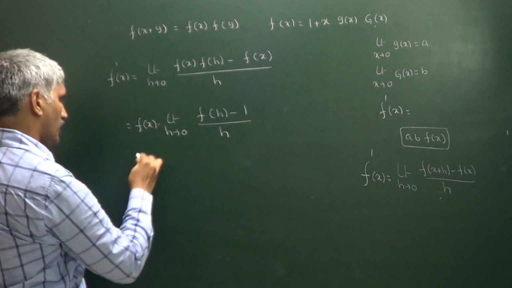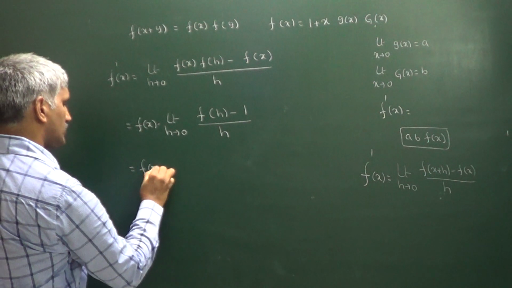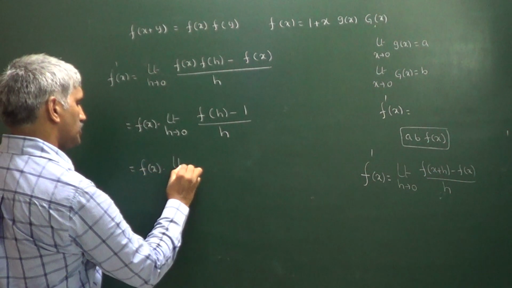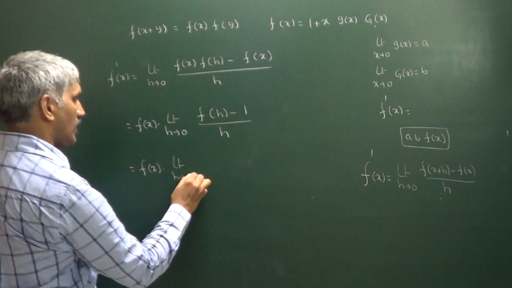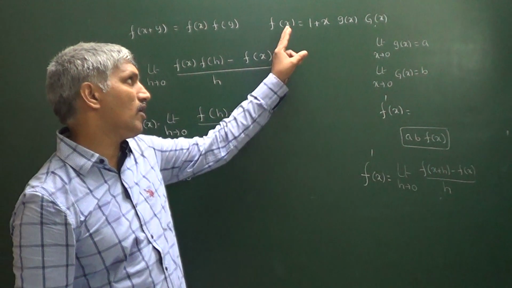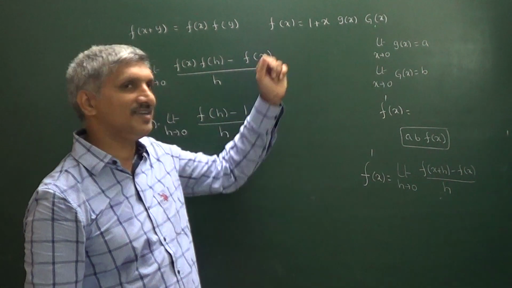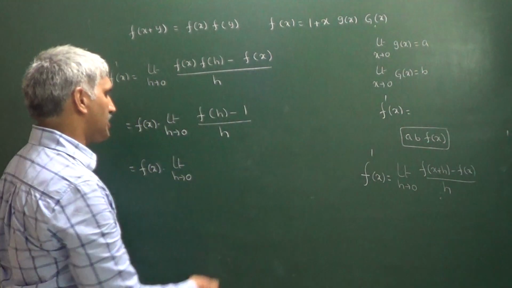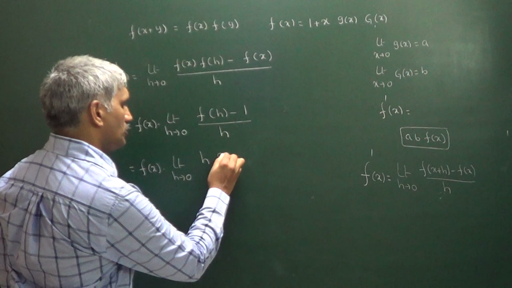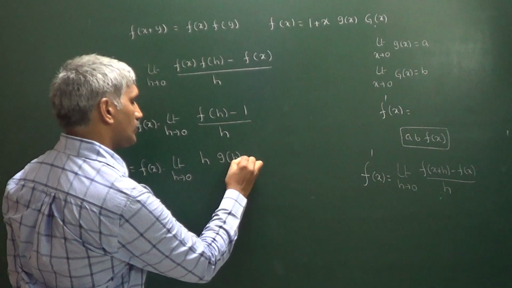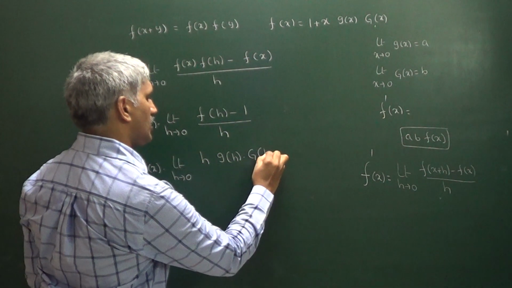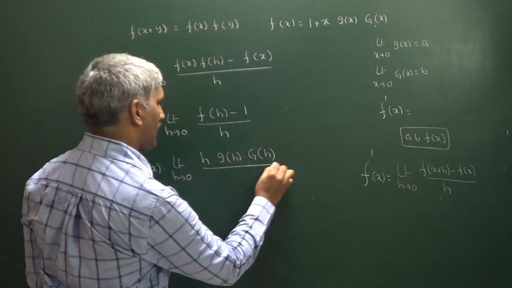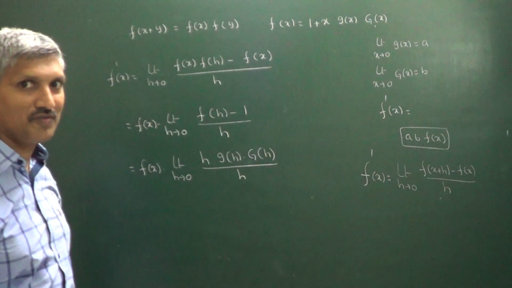That is equal to f of x into limit h tends to 0. Tell me what we can write. f of h minus 1 we can write as h into g of h into capital G of h, divided by h. I hope everyone followed.